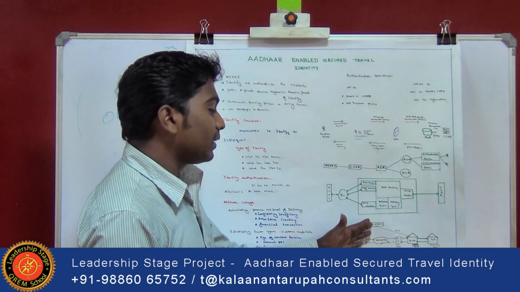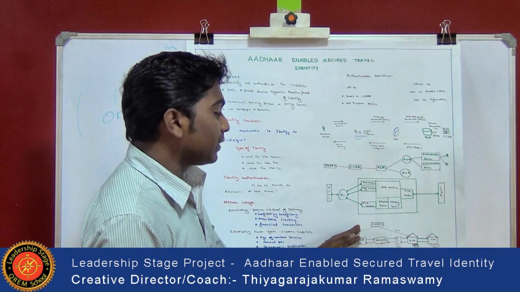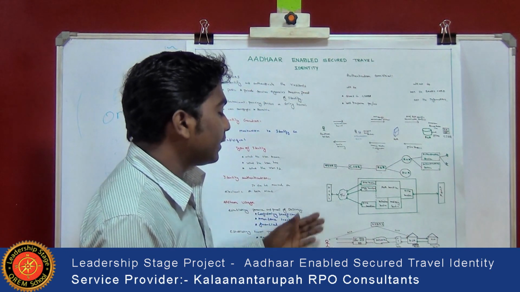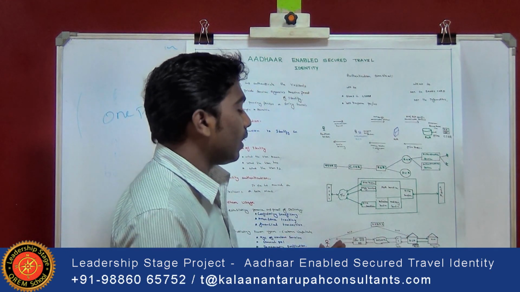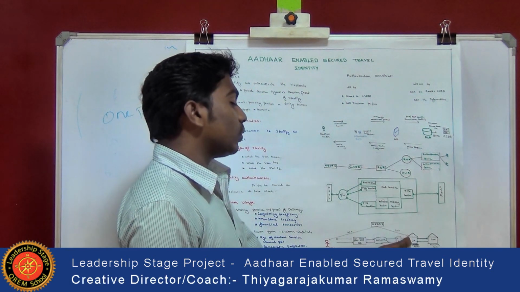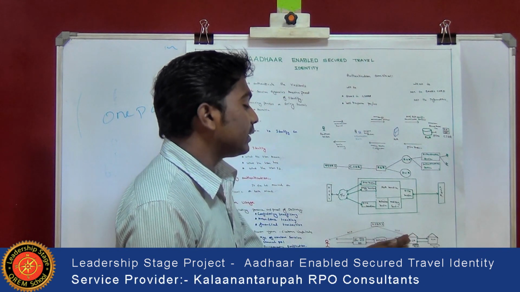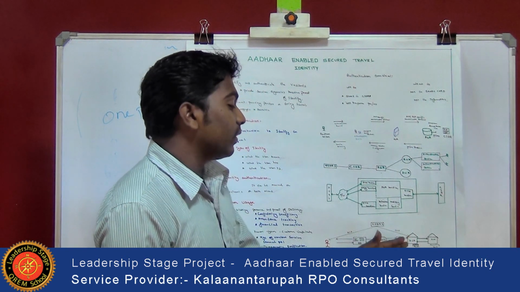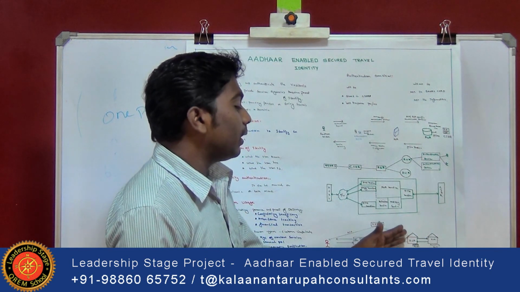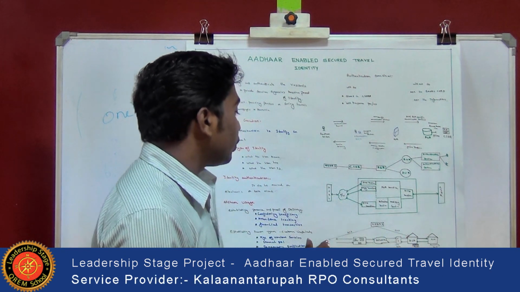From there, a random password will be generated and given to the user, and the same password will be given to the bank. The user uses this password and his login for a transaction, and this will be transmitted to the web server, and from there it is transmitted to the bank. Once the password is validated here, if it is a correct password, then the transaction will be held, the amount will be transmitted, and the response will be given to the user.